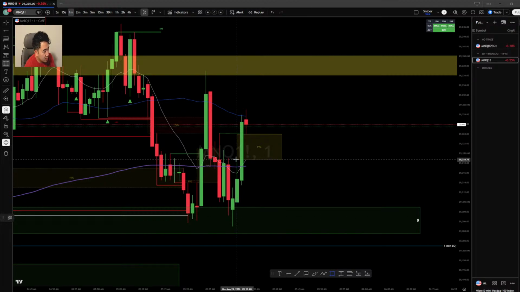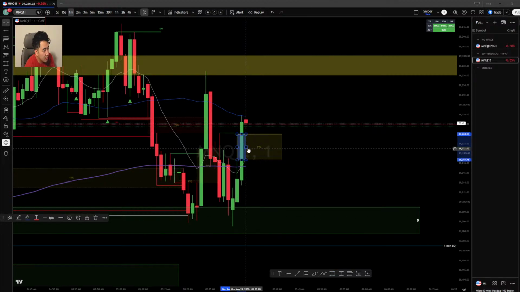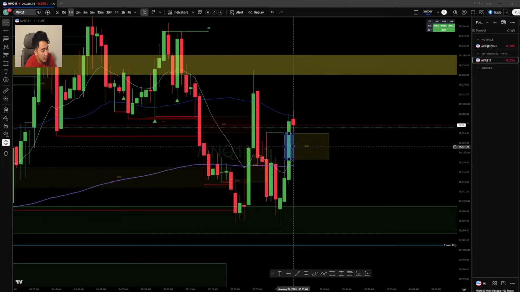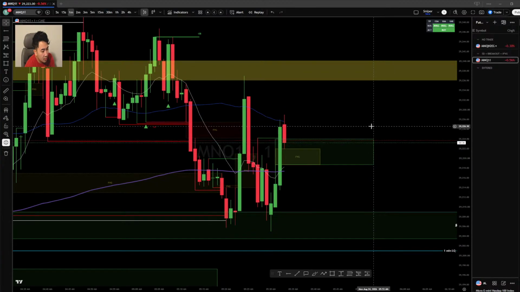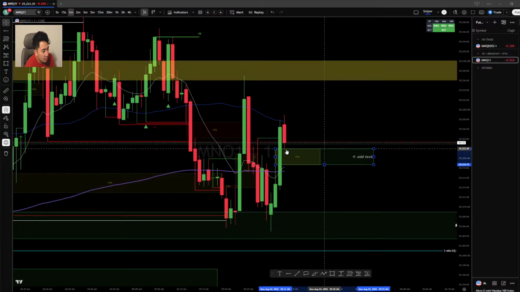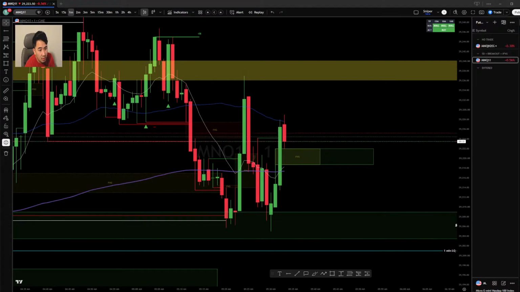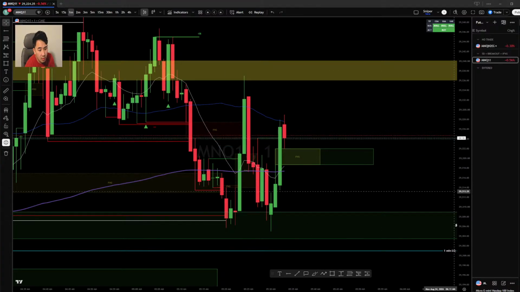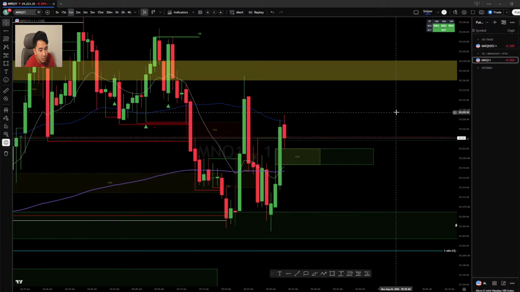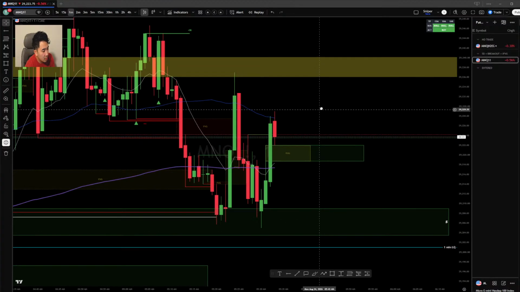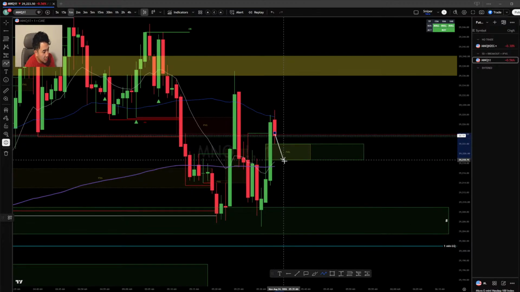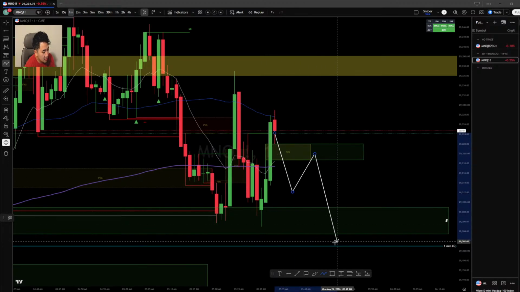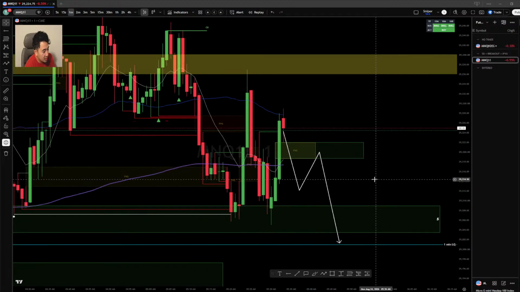We have this bullish gap that's being formed. Now, if price breaks through this bullish gap and flips it to a bearish inversion, then we could look for something like this.